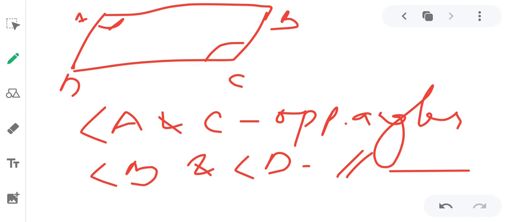Similarly we can talk about the adjacent angles. See this angle A and angle D, since they are formed by the same line segment, since they share one of the line segments. Angle A and angle D share the line segment AD, so these two angles are called adjacent angles.